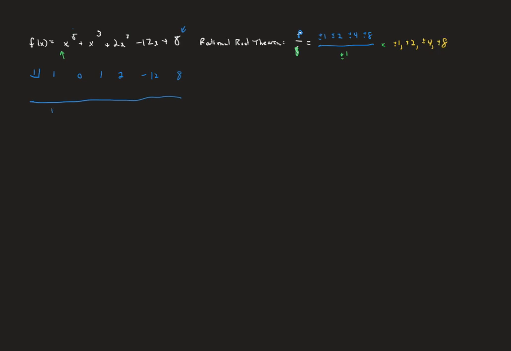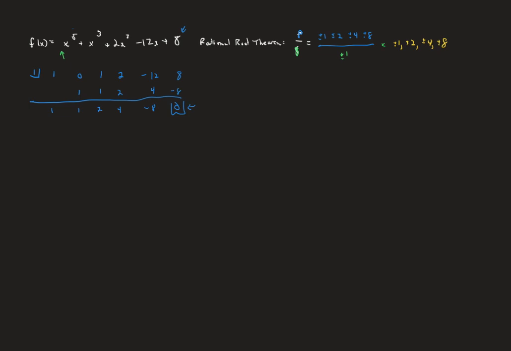So using synthetic division, I'm going to go 1, 1, 1, 1, 2, 2, 4, 4, -8, -8, 0. Bingo. We got one of them. Now here's where you have to be careful, especially with something like x to the fifth.